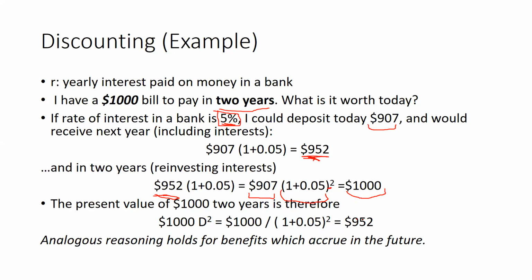Should say 907, not 952. I just forgot to fix it. So the present value of $1,000 in 2 years is 1,000 times the discount factor squared, 1,000 over 1 plus r raised to the power 2. That's $907.